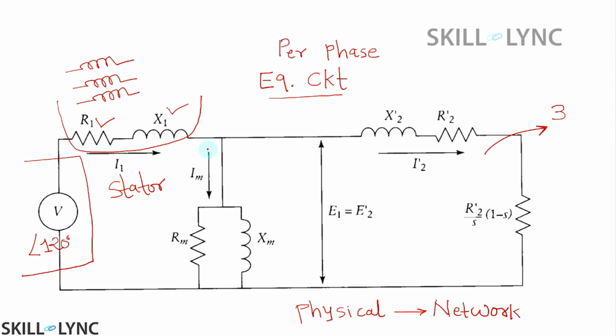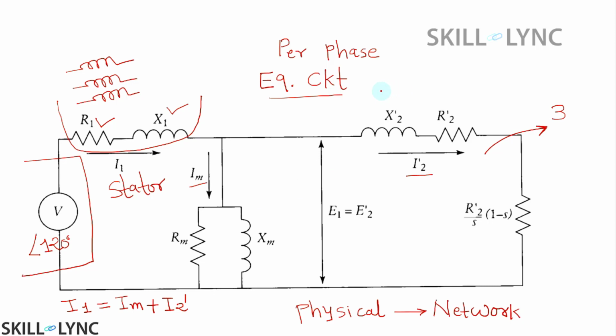Now this I1 is divided into two parts: the magnetizing current IM and the rotor current I2 dash. So we can write the simple equation as I1 is the phasor addition of IM plus I2 dash.